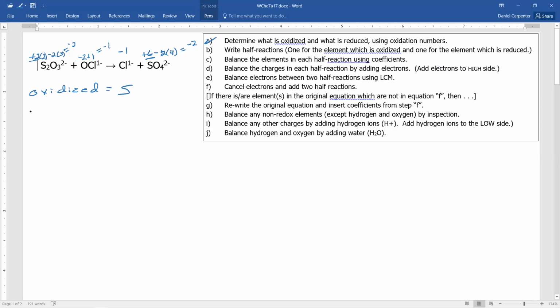And then reduced is what goes down. Oxygen goes from -2 to -2 to -2, so that's not it. Chlorine goes from +1 to -1, so that's a decrease, so reduced is chlorine.